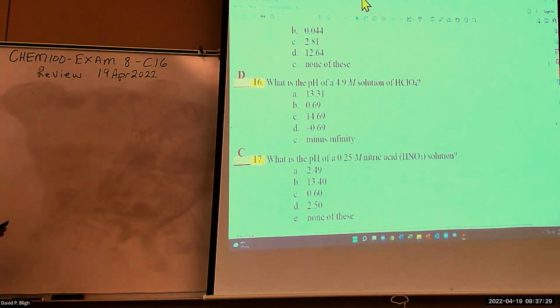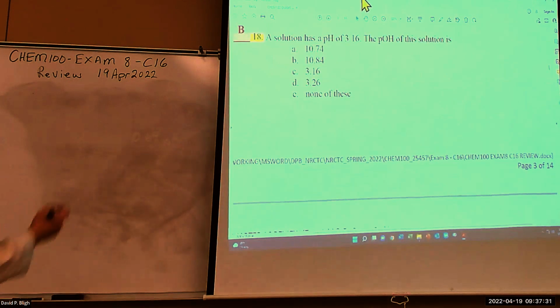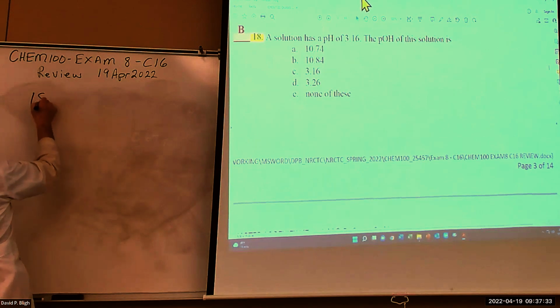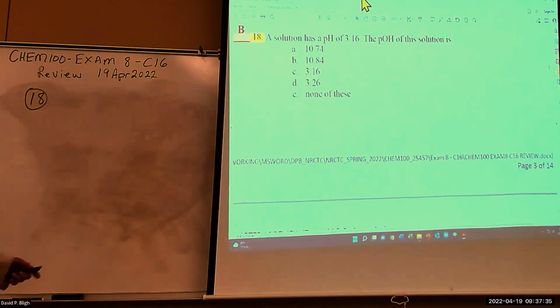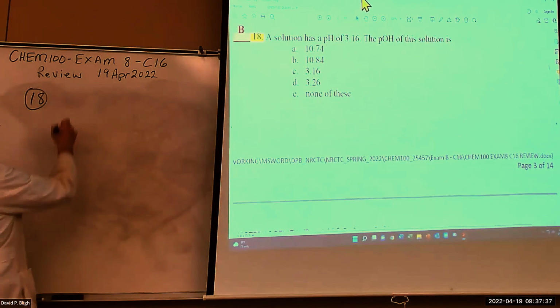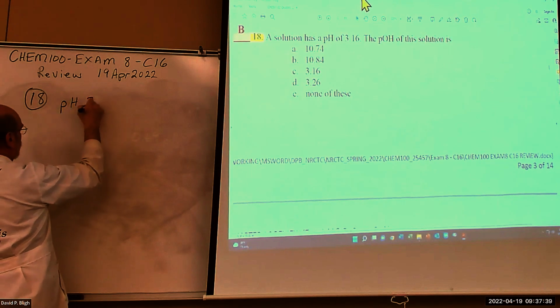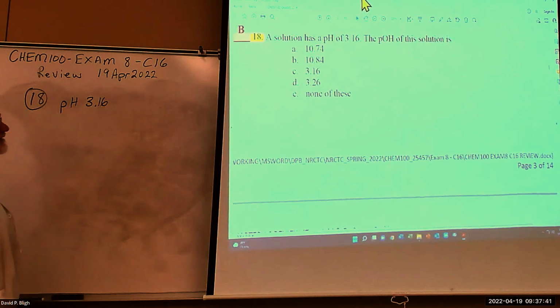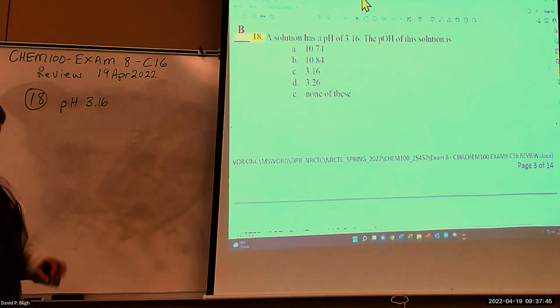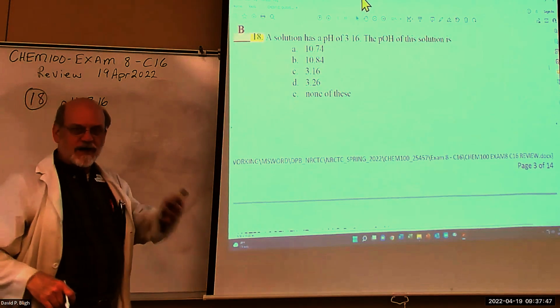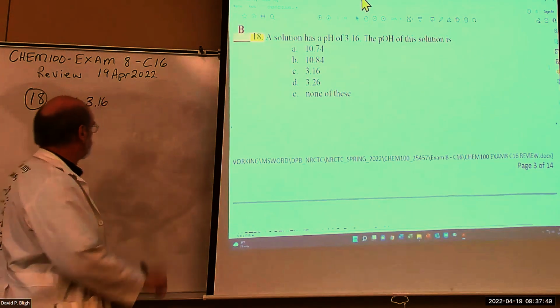All right. 18. A solution has a pH of 3.16. Okay. The pOH of this solution is, but this is easy as long as you do it right, not the way I did it earlier.